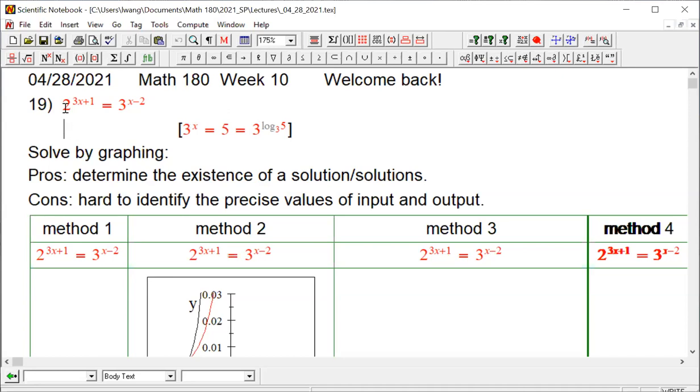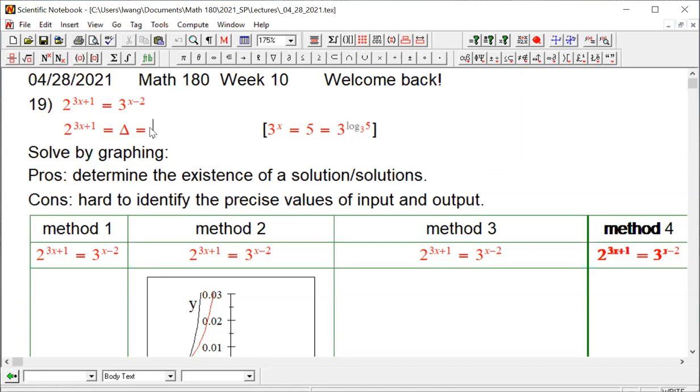So what you can do is say 2 raised to the power of 3x plus 1 equals 3 raised to the power of x minus 2. What I'm going to do is view this guy as a triangle.